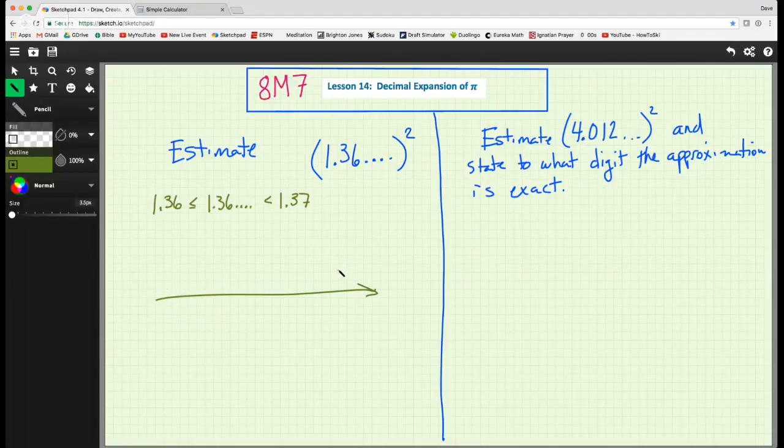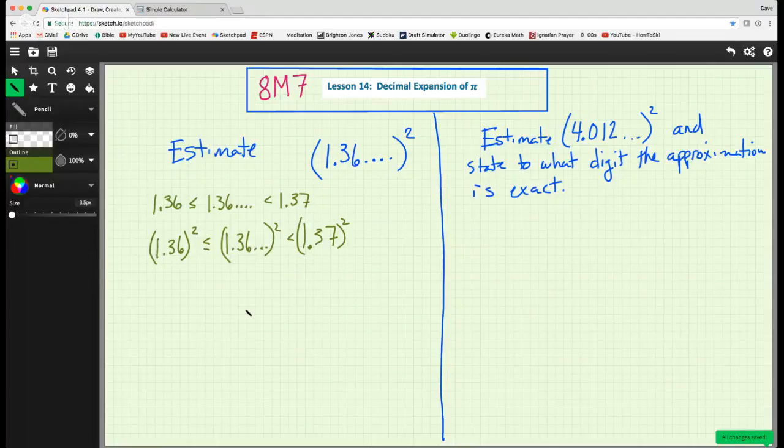So one thing that we do know is that if this is true, then this is also true. 1.36 squared is less than or equal to 1.36 dot, dot, dot squared, which is less than 1.37 squared. Right? We know that's true.